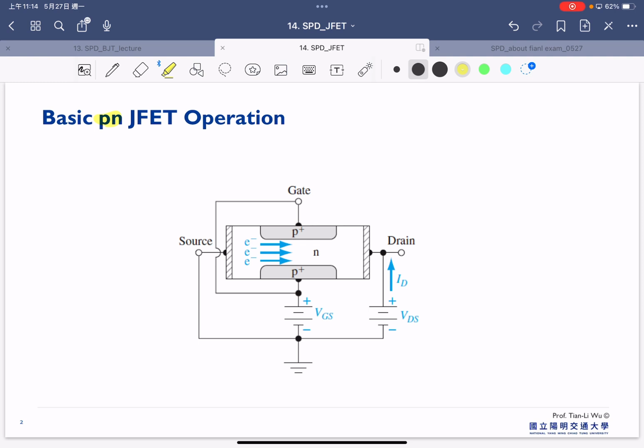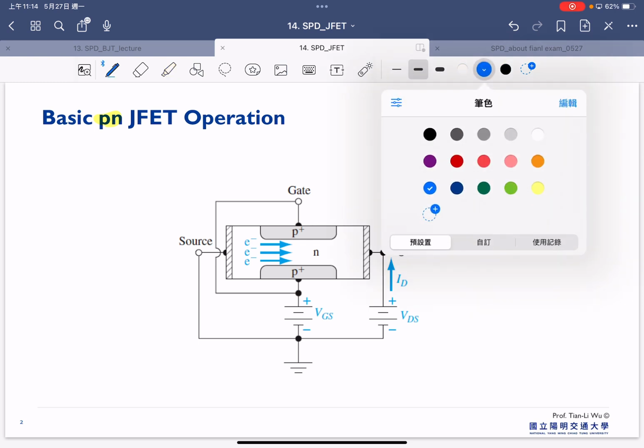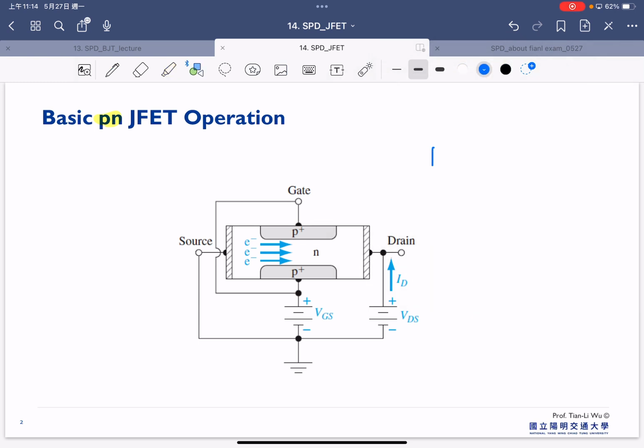So usually the device has this schematic. And still very similar, we have the source and drain here. So that's N plus, that's N plus. But right now we have the N substrate.